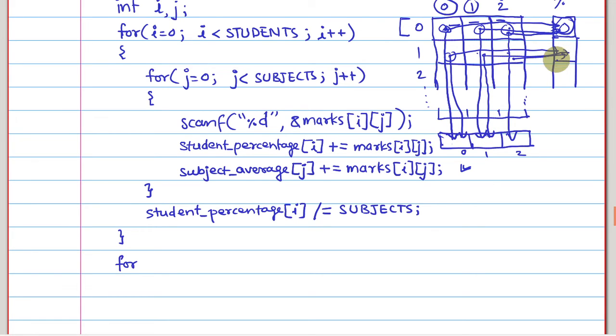After that, you calculate the percentage of these and move on to scan the next values, which you will add here, here, and so on. So basically at the end of all iterations of the outer loop, you will have the total in place for subject average.